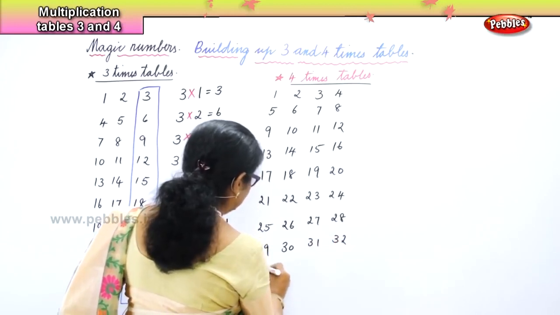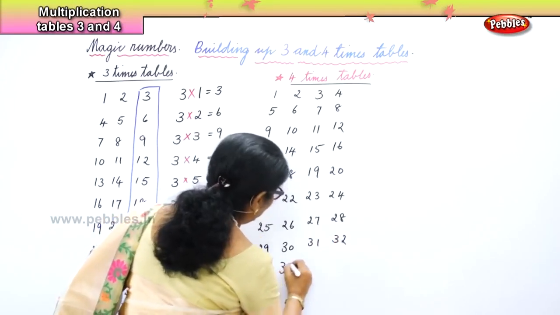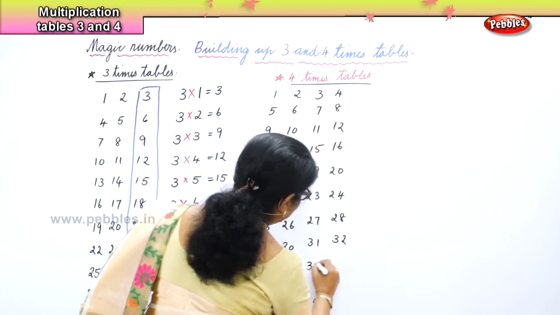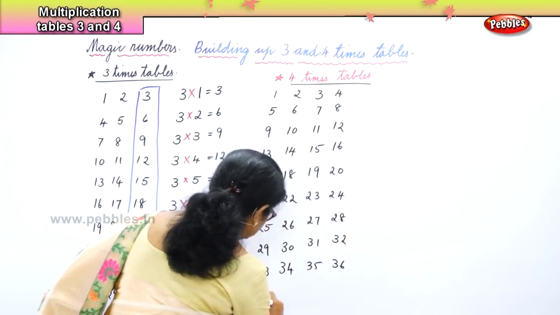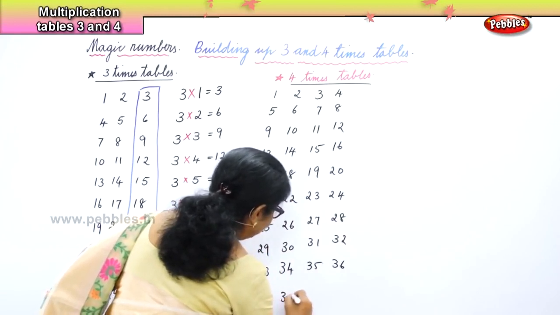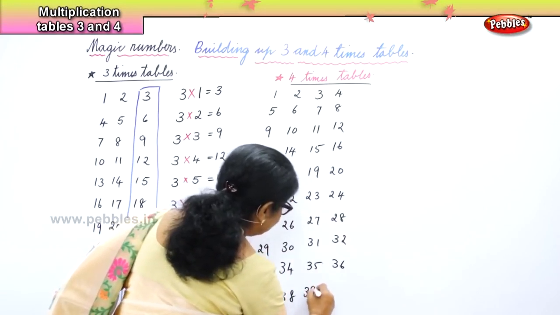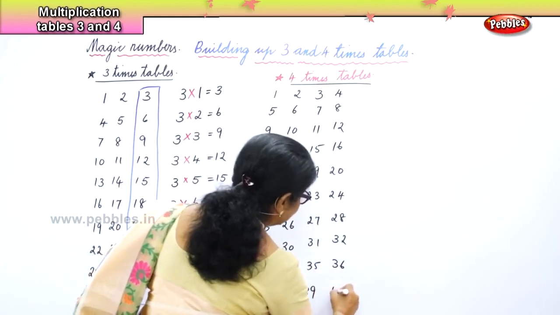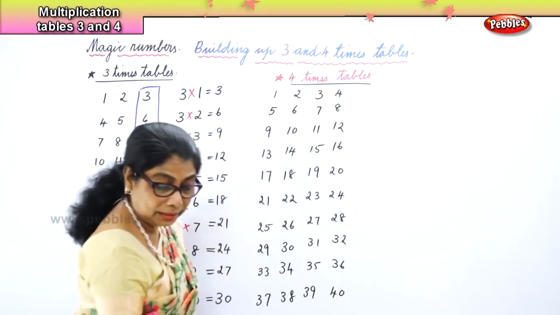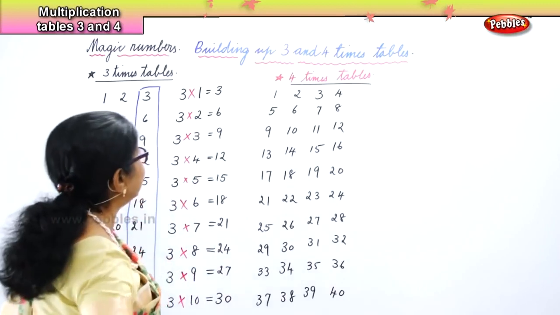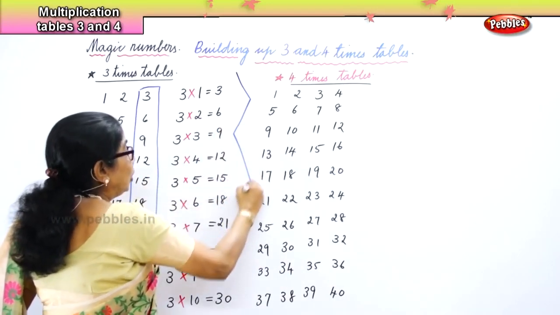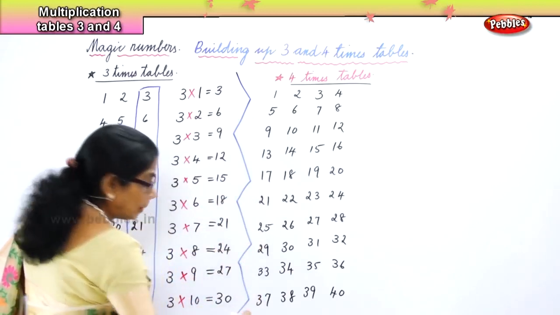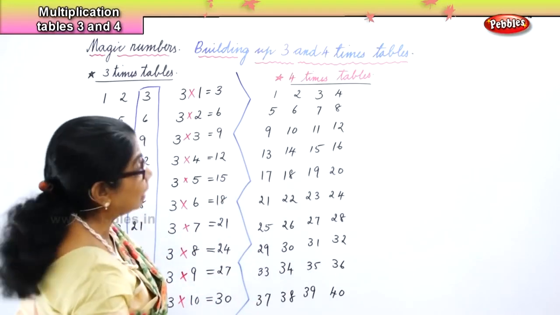Next, 33, 34, 35, 36. Finally, 37, 38, 39, 40. Now, we wrote numbers up to 40. The magic numbers are there. And what did we get? We got the 4 times table.